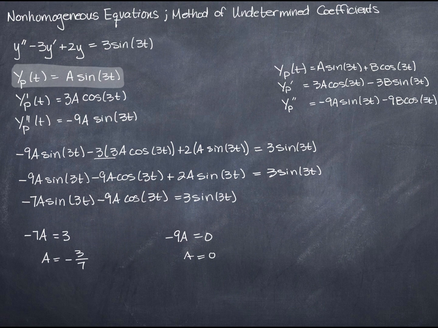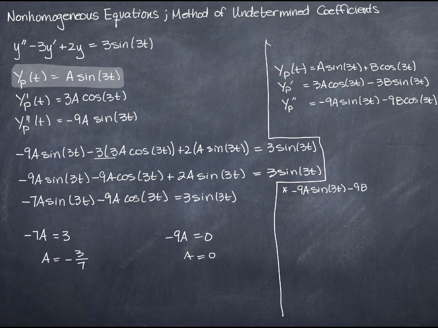Plugging those in, I'm going to have to go down here. My y double prime is negative 9a sine of 3t minus 9b cosine 3t. And from that, I need to subtract 3 times y prime.